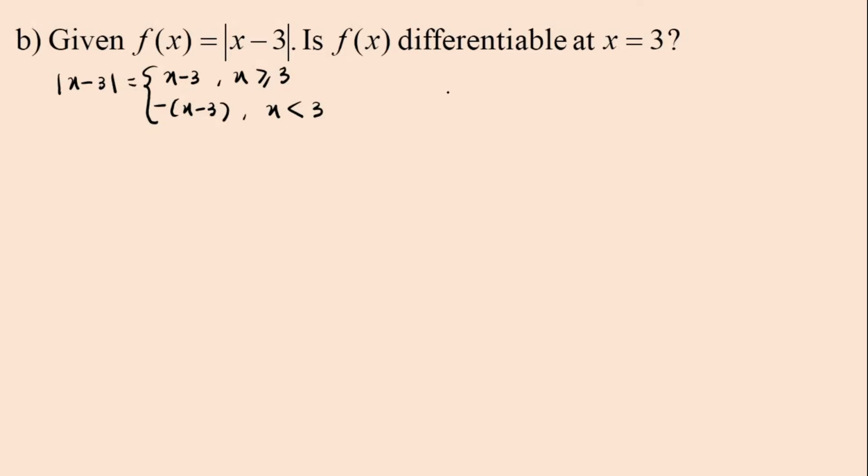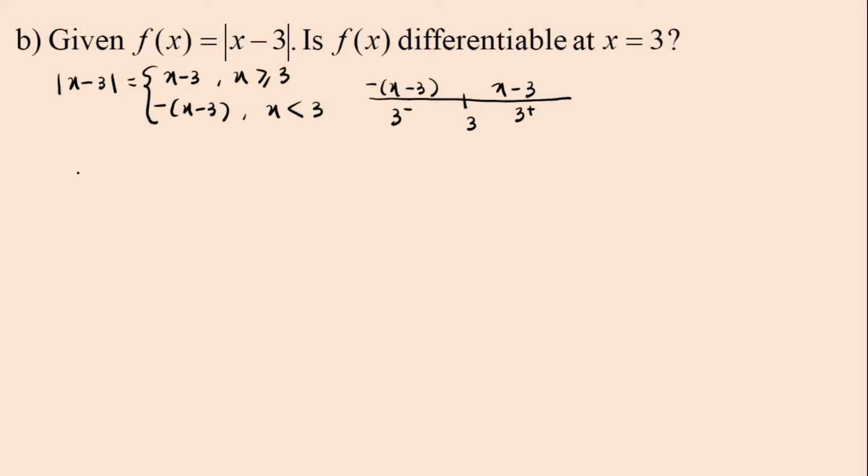And that is our piecewise function. If we draw this on a number line, for the left side we will have negative of x minus 3, and for our right side we will have x minus 3. So here would be 3 from the right side, and here would be 3 from the left side.